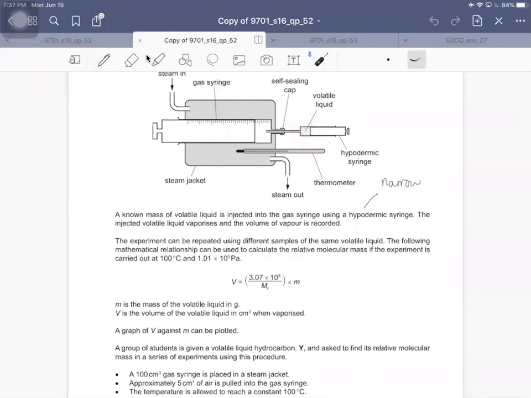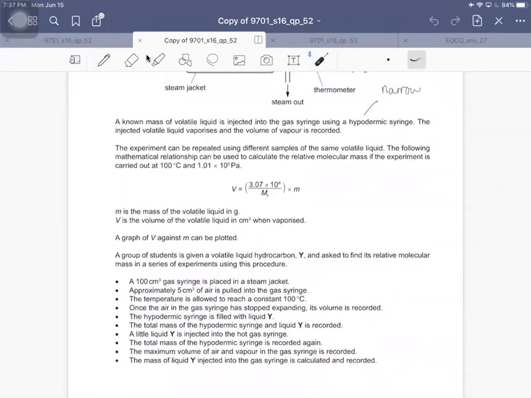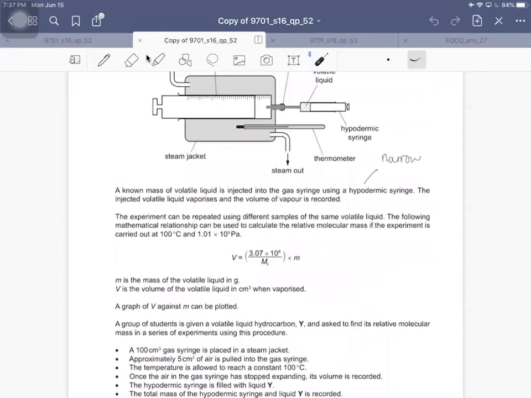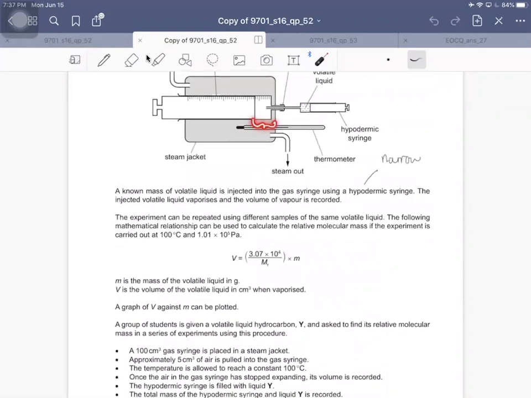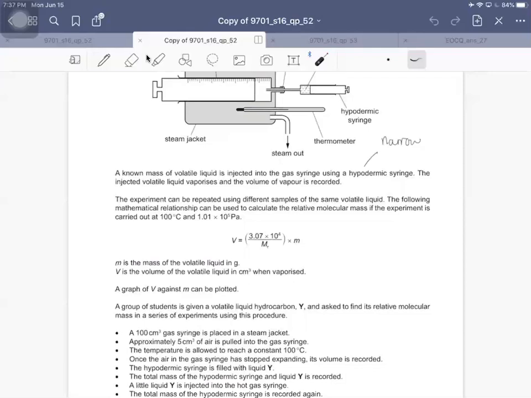So what happens is that they start with 5 cm³ of air, which is just the starting point. They don't want to start at 0. You can start with 5 cm³, you can start with 3, 10.